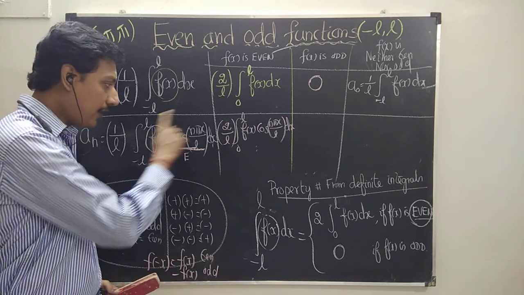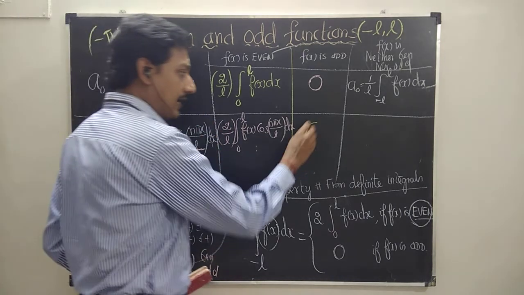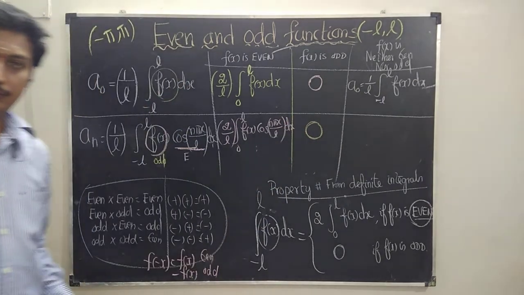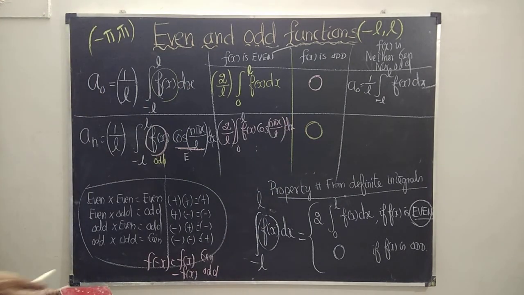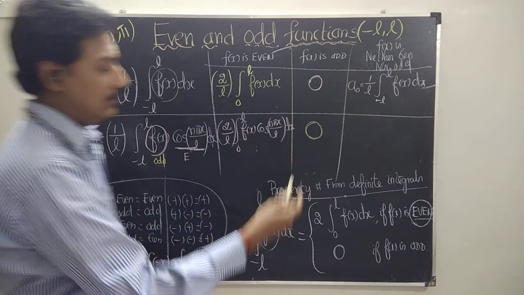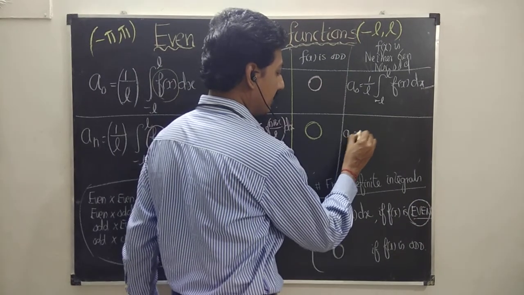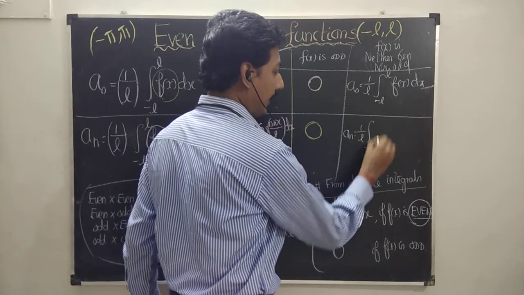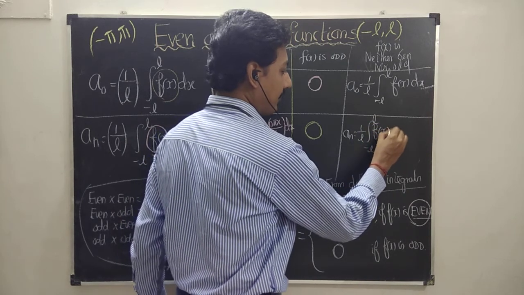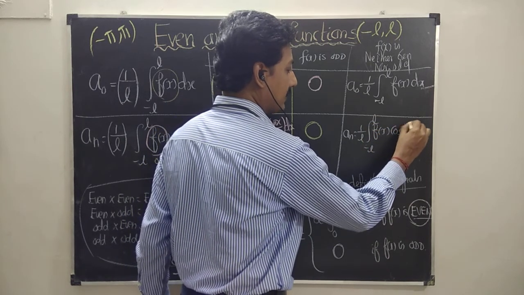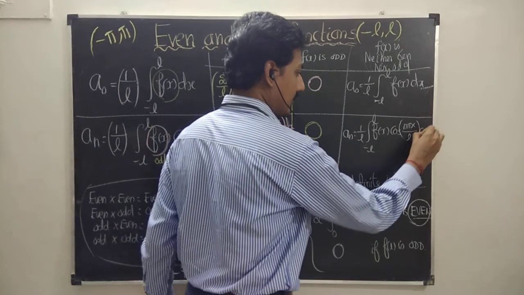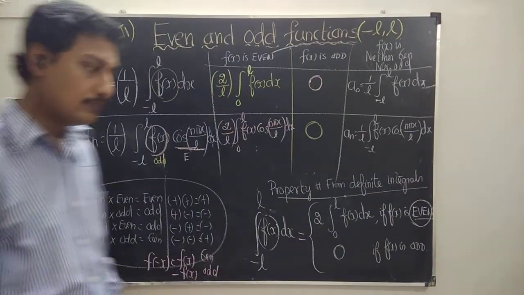Once the product is odd, the answer is 0. Clear? And finally, if it is neither even nor odd, there is no change. The A n formula is as usual, 1 by L integral from minus L to plus L of f of x cos n pi x by L dx.